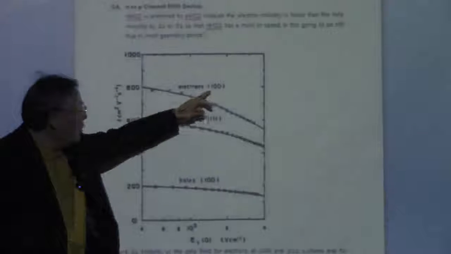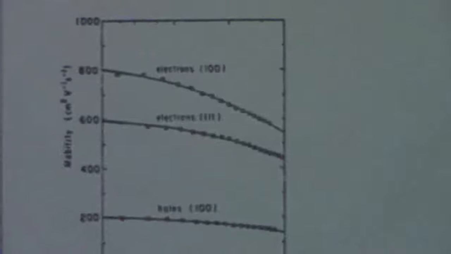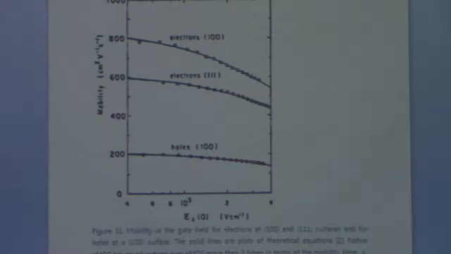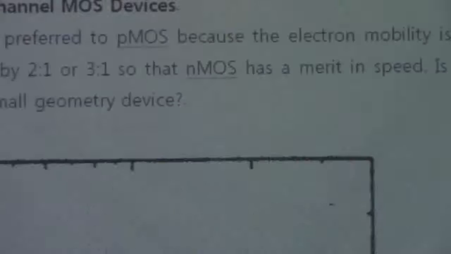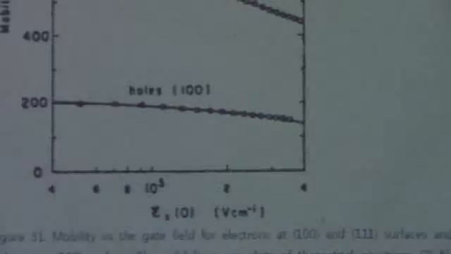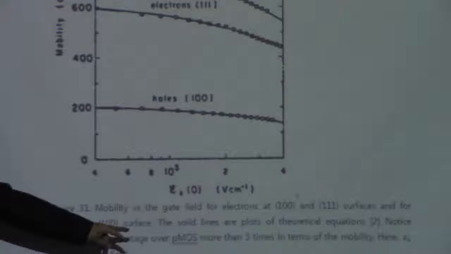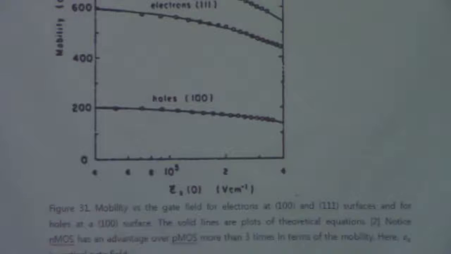And especially the 1-0-0 has a higher mobility than 1-1-1 because of the atomic density difference. Here you can notice that the NMOS has an advantage over PMOS of more than 3 times in terms of mobility. Okay.